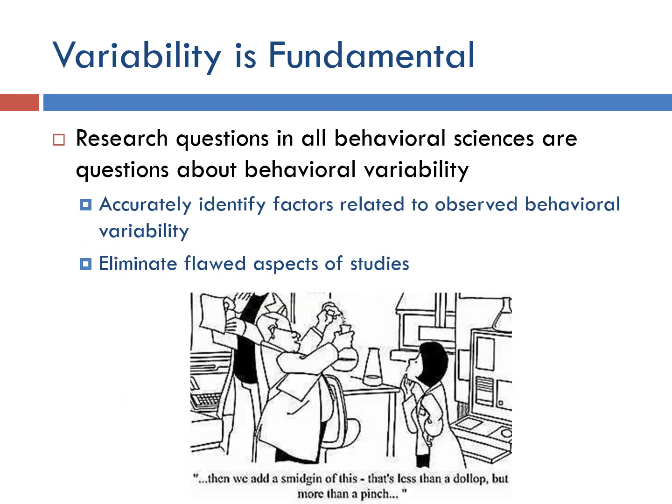With all of this variation, researchers are trying to measure it. A lot of research and a lot of what we're going to be talking about in this course is how to create those operational definitions of variables so that we can measure that observed behavioral variability. But as we saw, not all operationalized definitions are perfect. So what we're trying to do as researchers is eliminate the flawed aspects of the studies.